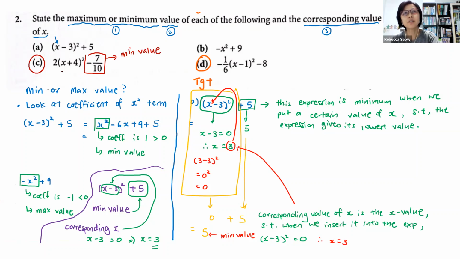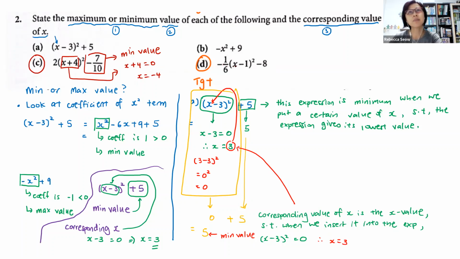And to find the corresponding x, we will let this be 0. When we let x plus 4 be equals to 0, x equals to minus 4, this will be the corresponding value of x. Now let's take a look at D.